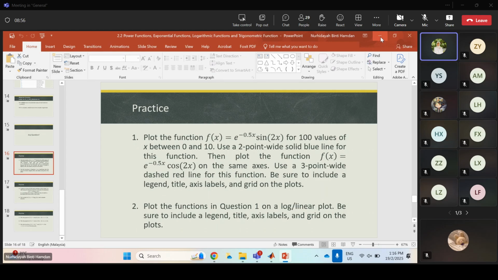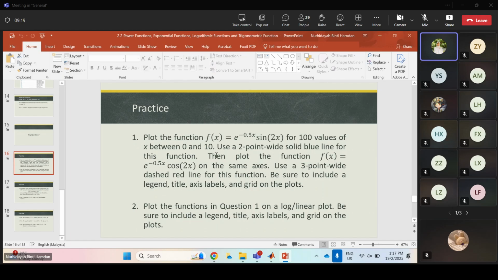Plot the function exponent negative 0.5 x times sine 2x for 100 values of x between 0 and 10. Use a 2-point solid blue line for this function, then plot another one for cosine in the same x. We use a 3-point dash red line for this function.